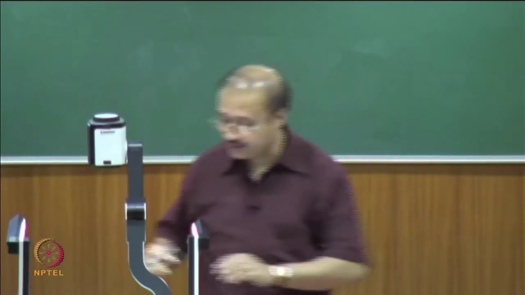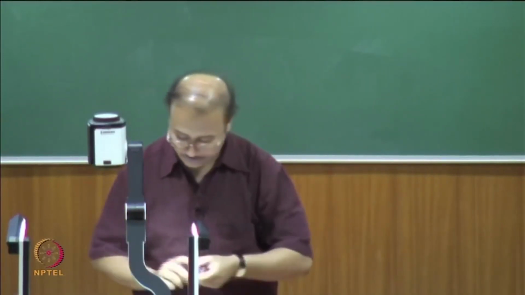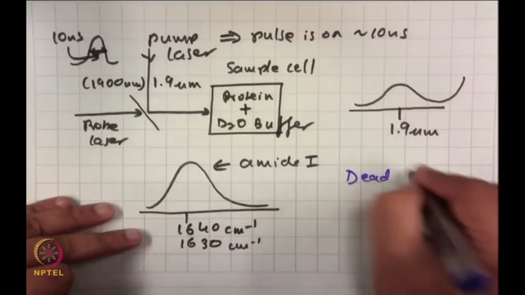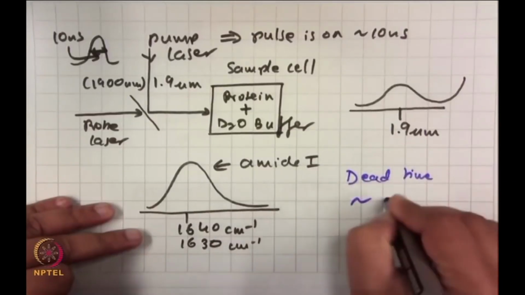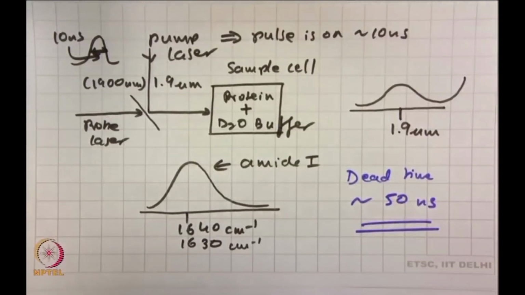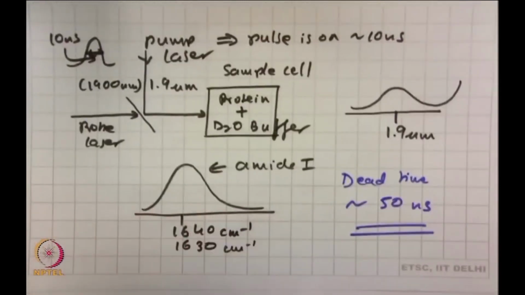So, in this case I can write the dead time is about 50 nanoseconds, but people have been able to go much faster than that, though this is in general what happens.